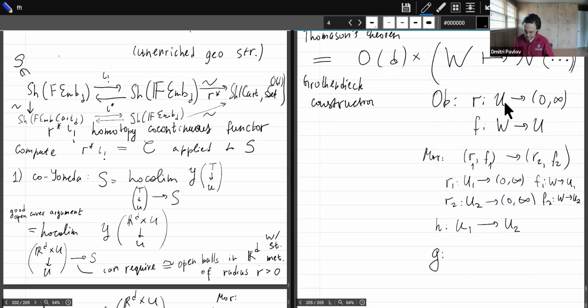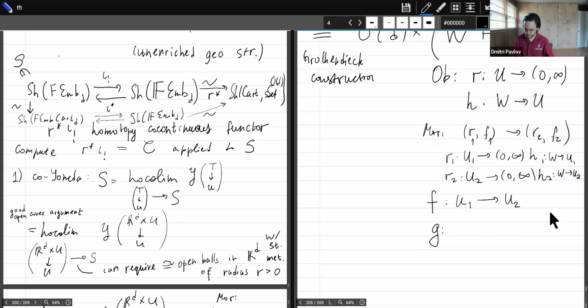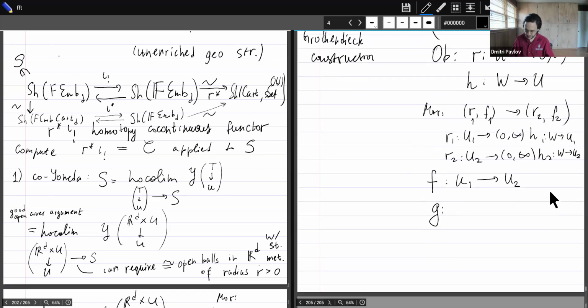F is taking, G is taking, H is, maybe that's what I should call H. Yeah, very sorry, let me fix it. And now this can rightfully be called F. Much better. And G will be a map from U1 to the Euclidean group. So that's what a morphism is.